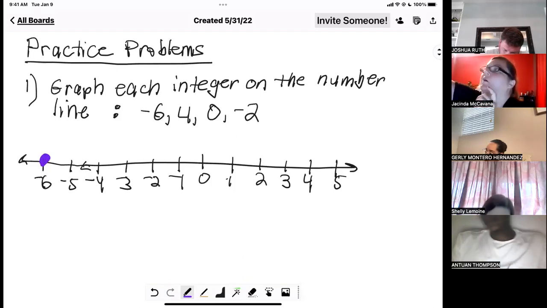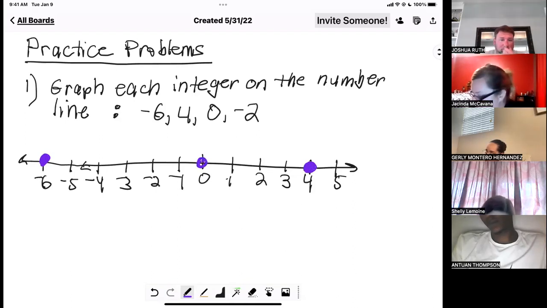If I graph 4, it's just going to be a point at 4. If I graph 0, it's a point at 0. If I graph -2, it's a point at -2. I made them really, really big so you can see them. You don't have to make it that big. So if you graph an integer on a number line, it's just a point.